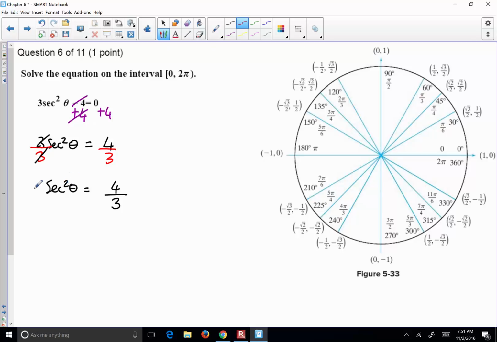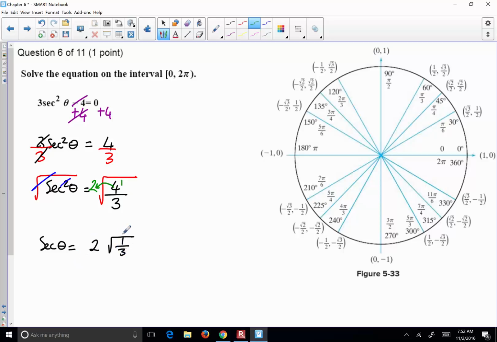Yep, we take the square root of both sides. And secant theta is, okay, I can take 4 out and make this 2 root 1/3. When 4 comes out, it becomes 2 and this drops to 1.